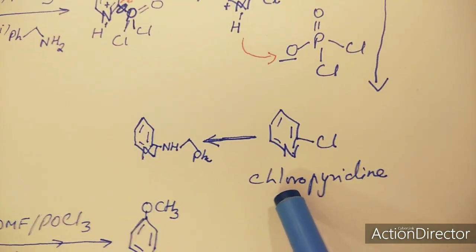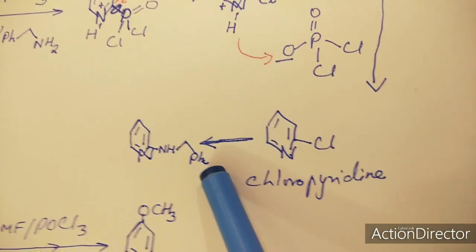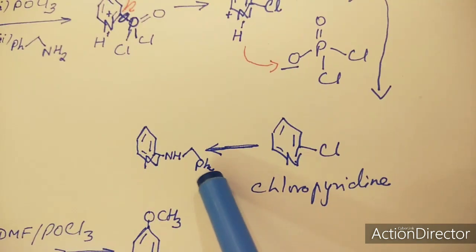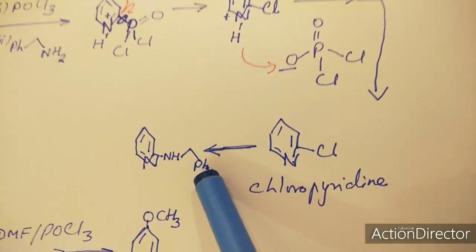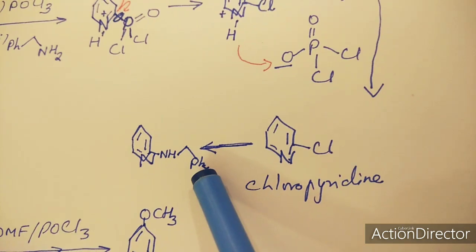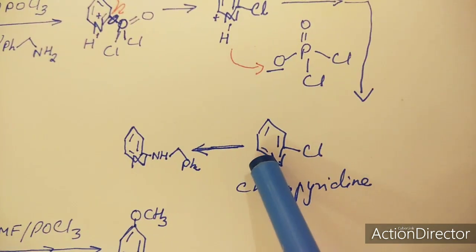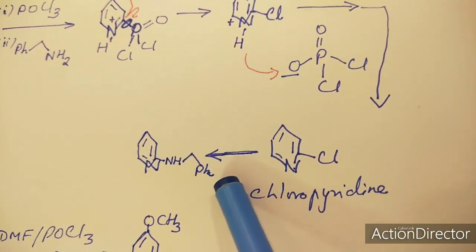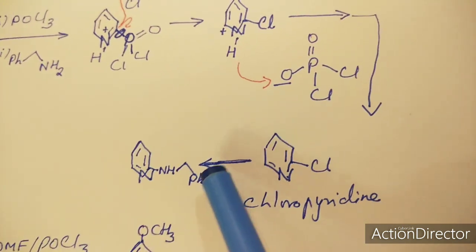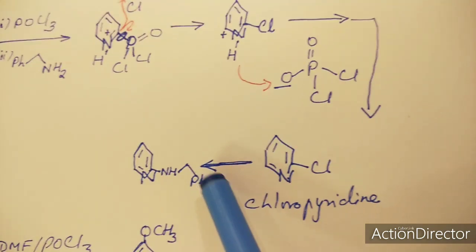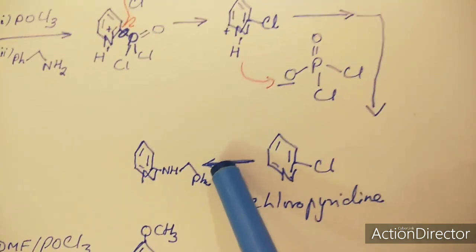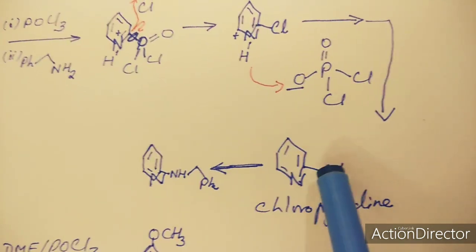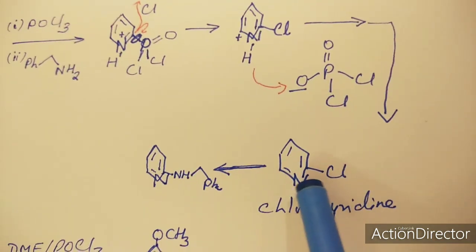Once this chloropyridine has been formed, then this will react, if you recollect, as I showed, with C6H5CH2NH2. This will react with this. Now till here it was okay. Now when this is added, this is a step further, because we know this will give a good substitution reaction, whereby this will be substituted because nitrogen is present.